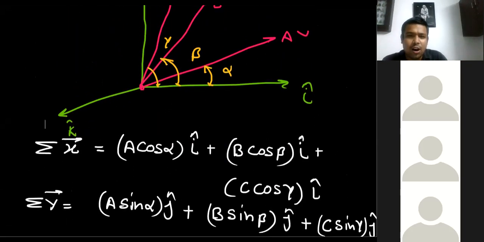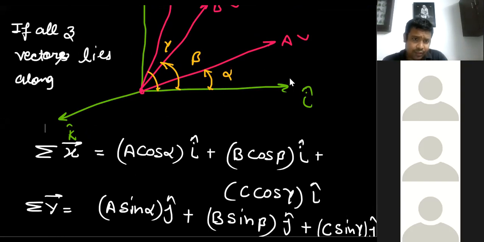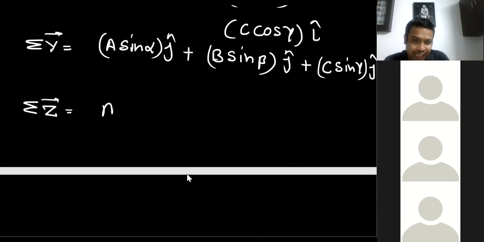If all three vectors are along the xy plane, it means the angle made by all three vectors from k cap is 90 degrees. So tell me, my dear friends, what is the z component? Zero, sir, for all.